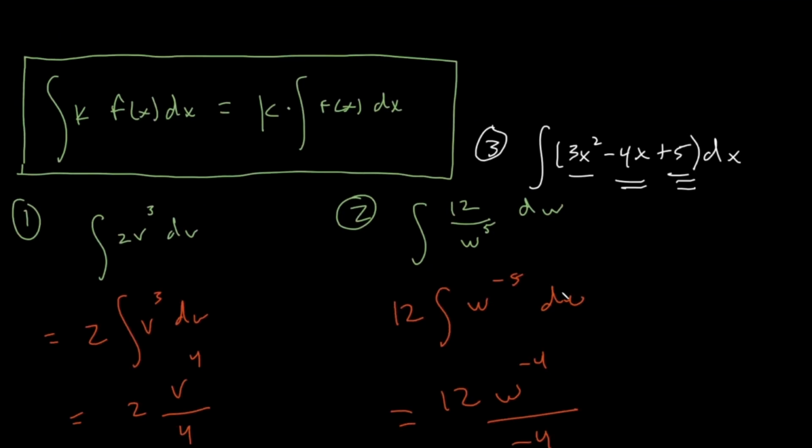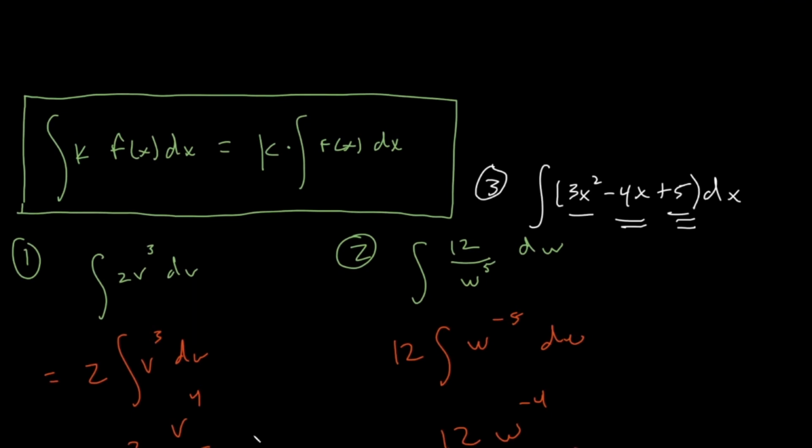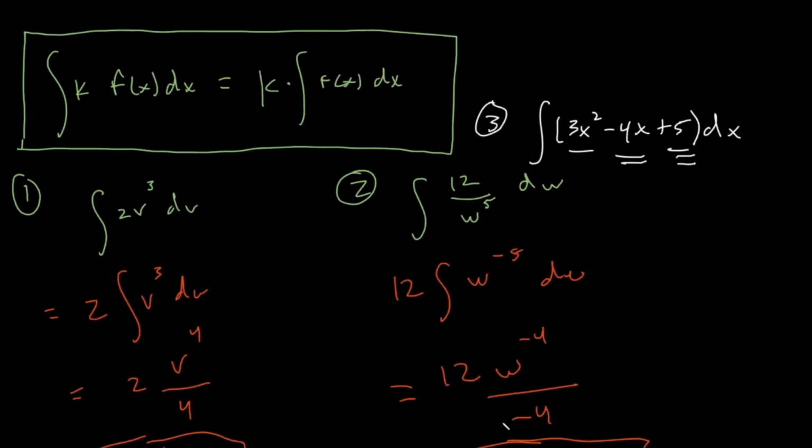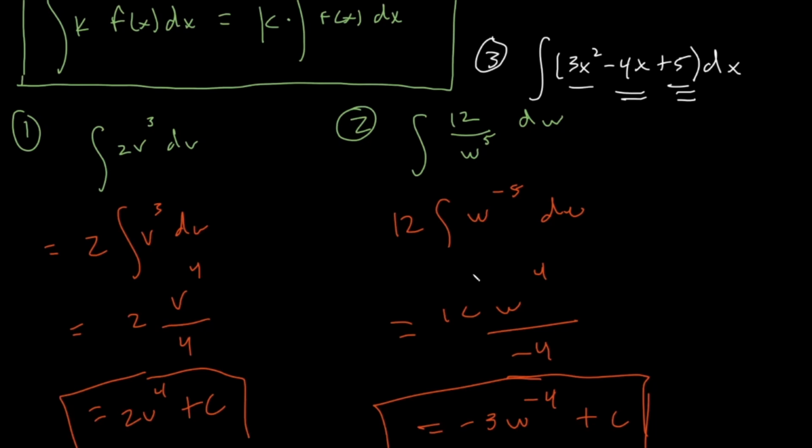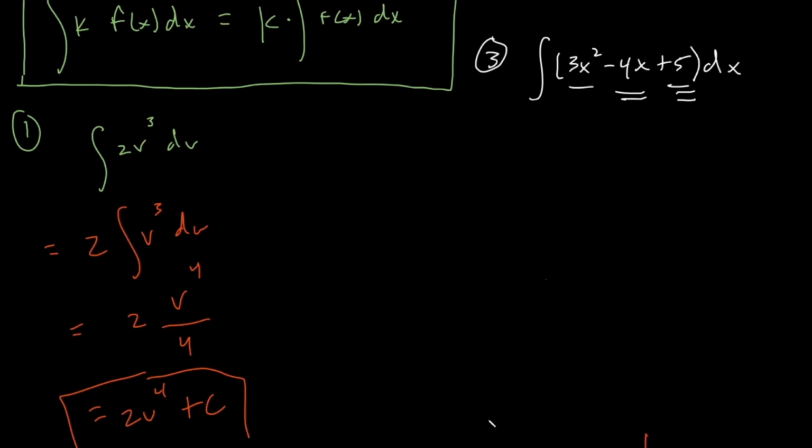Geez, I've really run out of room. I'll erase this stuff. So we get 3 integrals of x squared, 3 antiderivatives. So first I'll show you how you would formally expand this.